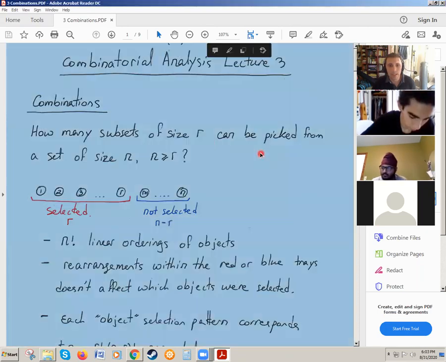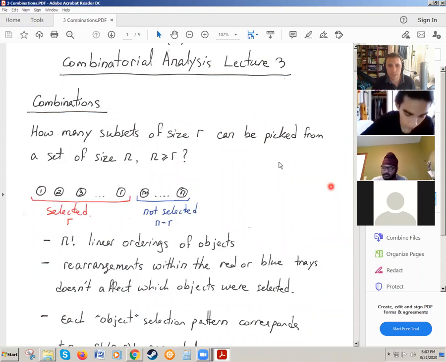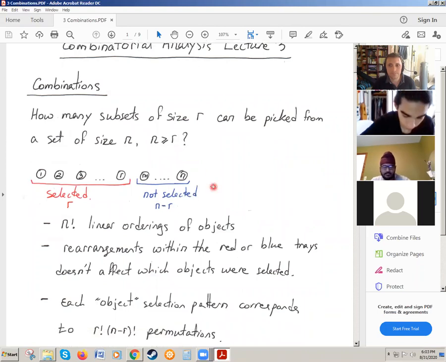And we can imagine that the selection is done as follows, right? So we need to figure out how many selections of size r there are from a set of size n. Make sense? So let's say if I have 10 students, how many subsets of size 5 students can I have? So here is how we can perform this procedure.